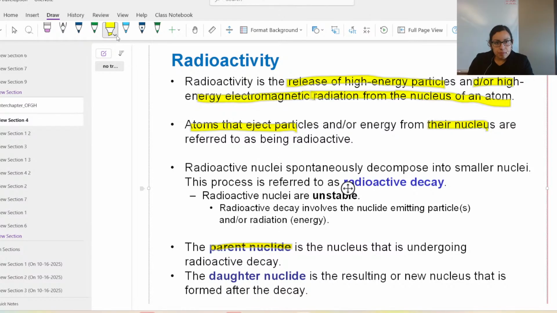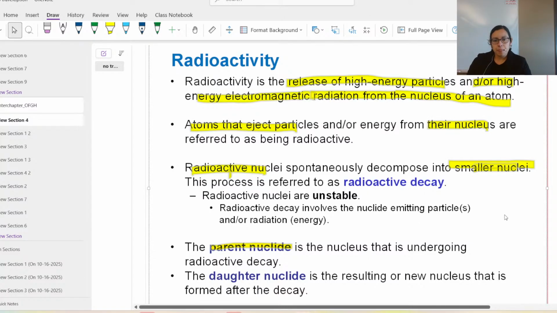And so we define these nuclei that do undergo this spontaneous decay as being radioactive. That just means that they decompose into smaller nuclei. And as we've hinted, different substances have different half-lives. We will do our lab eventually.